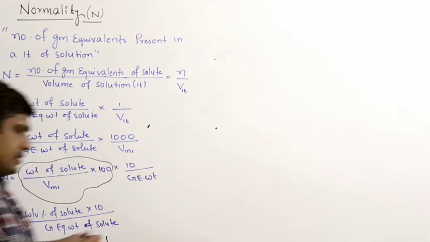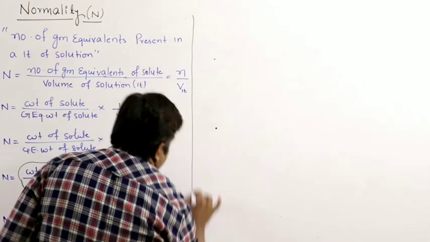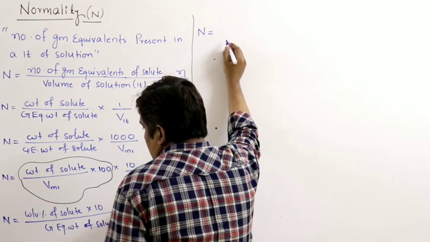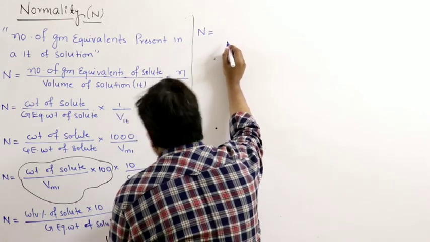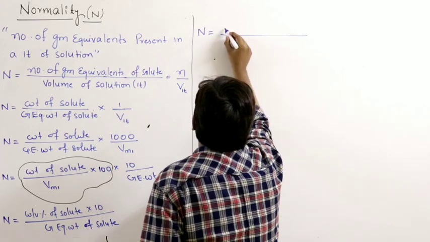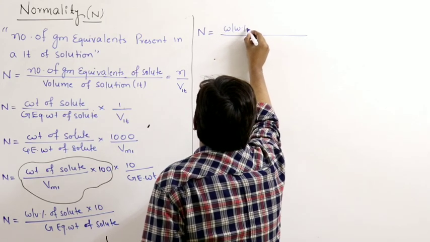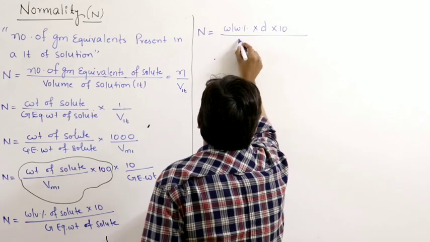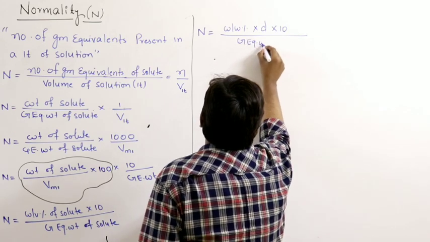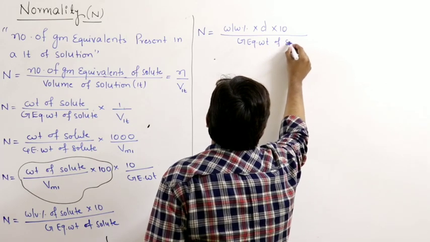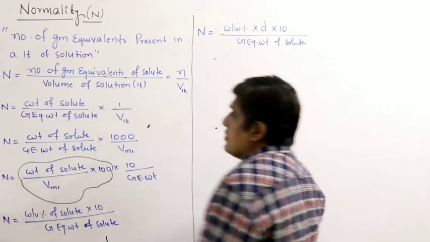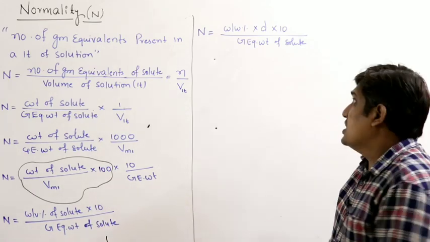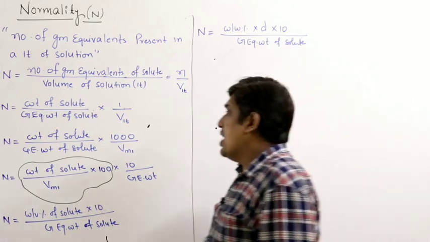So just substituting here, what we get is normality equal to weight by weight percentage of solute into density of solution into 10 by gram equivalent weight of solute, where D is density of solution. We have studied this in last class.